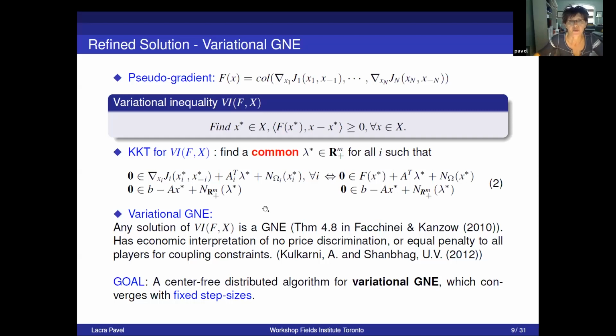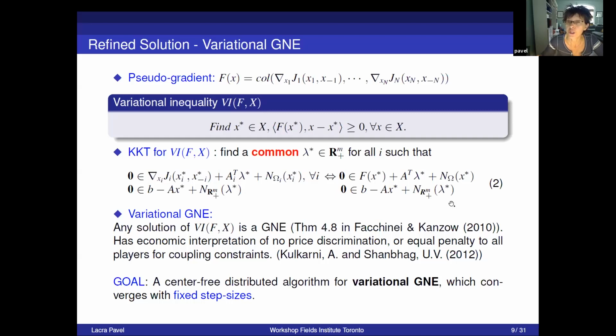In a compact form, these conditions in 2 to the left can be put in terms of just defining a pseudo gradient, the F, that essentially is similar to what Giancarlo had defined as the G. So the stacked vector of partial gradients of each cost function with respect to their own action. And the compact form of that also involves the coupling constraint matrices A i. So this is shown in the relation 2 to the right, yeah?